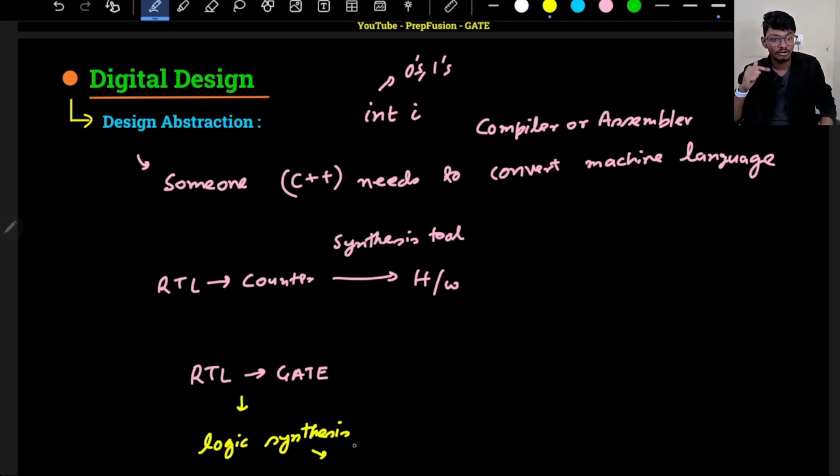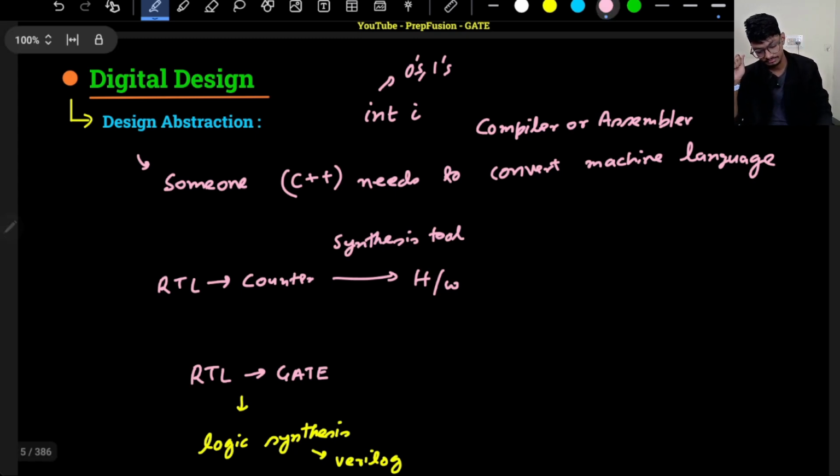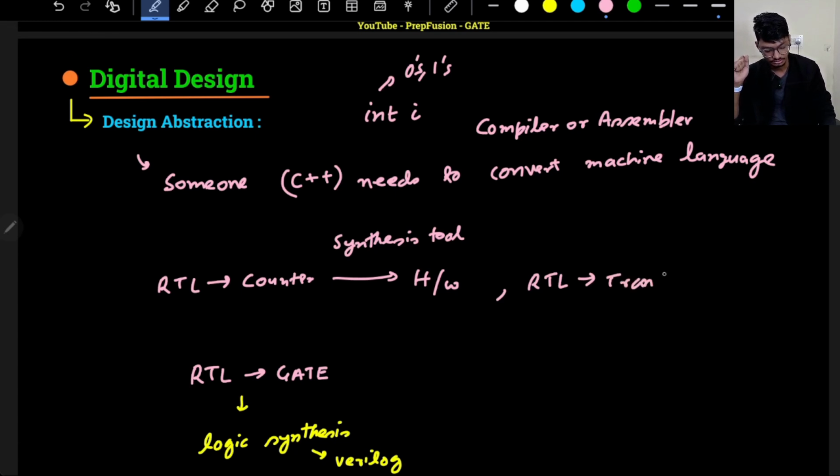This is what our Verilog will do. Verilog will do logic synthesis. It will just convert your RTL code into gate level of abstraction. If I directly want to convert RTL code to transistor level of abstraction, that is very difficult to do, and this is known as physical synthesis.